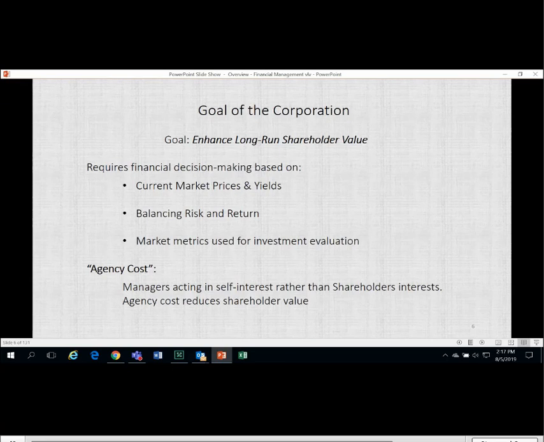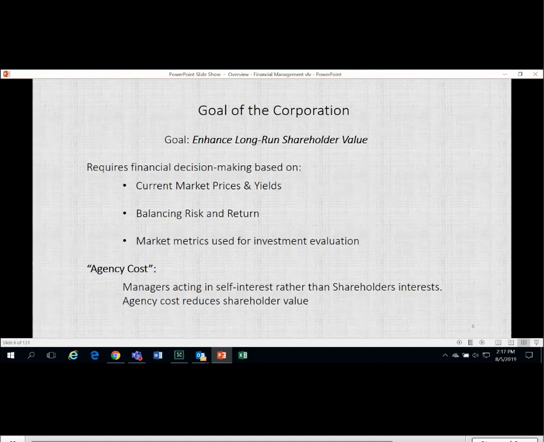As we will see in project evaluation, we're looking to the market to give us signals as to how to evaluate an investment project. Now, the shareholders of a corporation have no day-to-day operational authority or responsibilities. Instead, the managers of the corporation act day-to-day. Managers are supposed to act in the best interest of the shareholders at all times, but managers, being human beings, sometimes act in their self-interest rather than shareholders' interest.